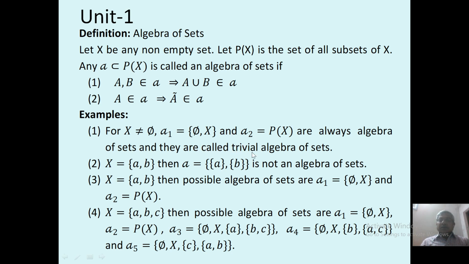Therefore, they are called trivial algebra of sets. For any non-empty set X, these two are always algebra of sets.